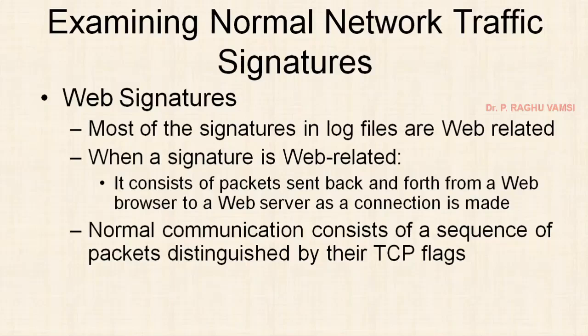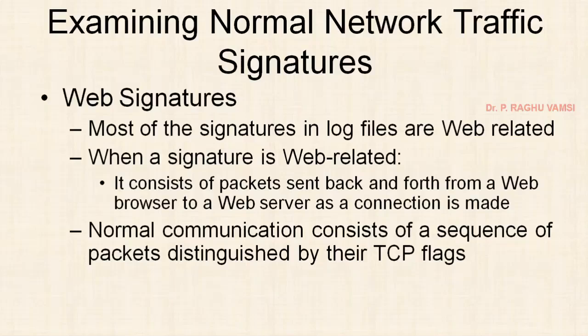If it is a website name, then automatically DNS will come into the picture. DNS will ask for the corresponding IP address, DNS will take care of the IP address resolving, and finally the website will appear.